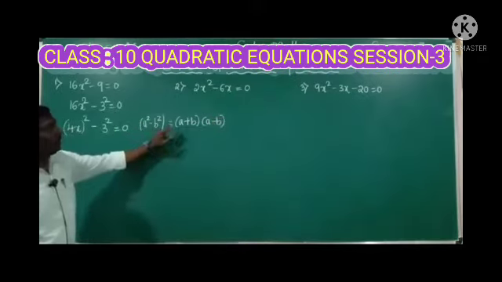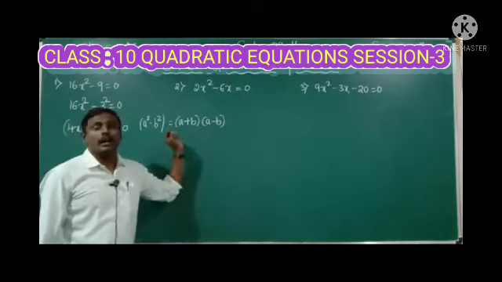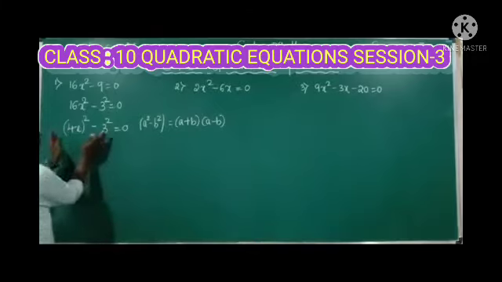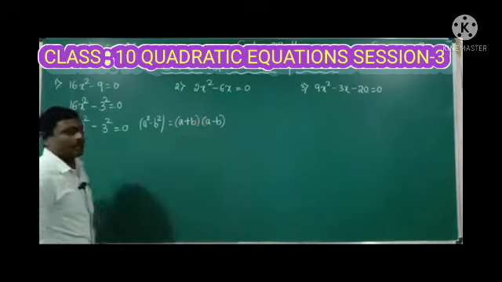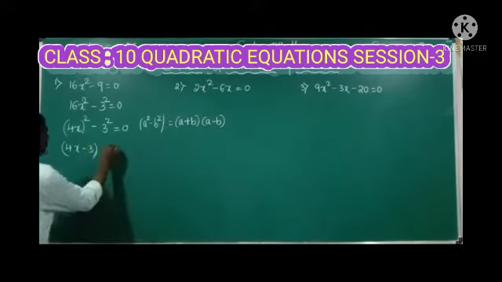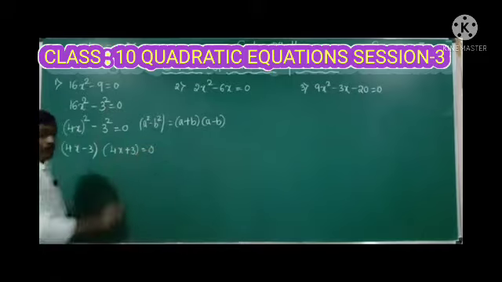This is one of the important algebraic identities. So simplify these two terms in the form of a plus b and a minus b. Here 4x minus 3 is one term and 4x plus 3 is another term, which is equal to 0.